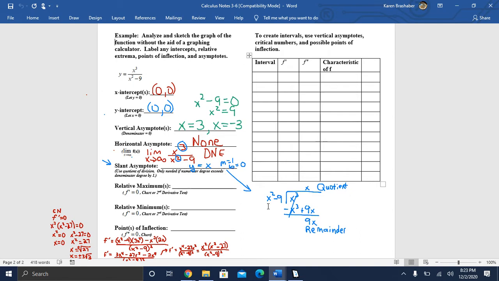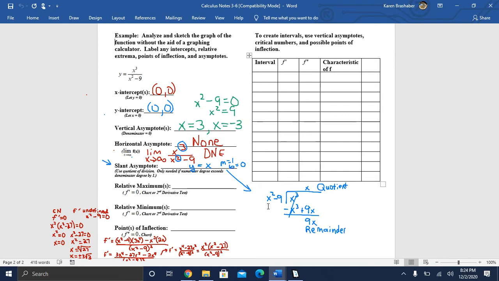Remember to also set where f prime is undefined. And that's going to be where the denominator, x squared minus 9 equals 0. Now, you should remember that we just did that.